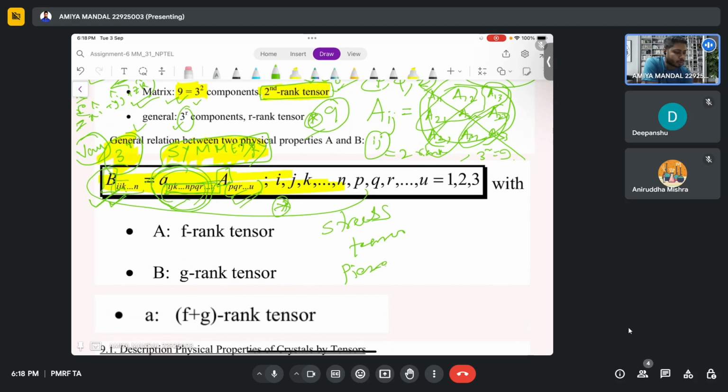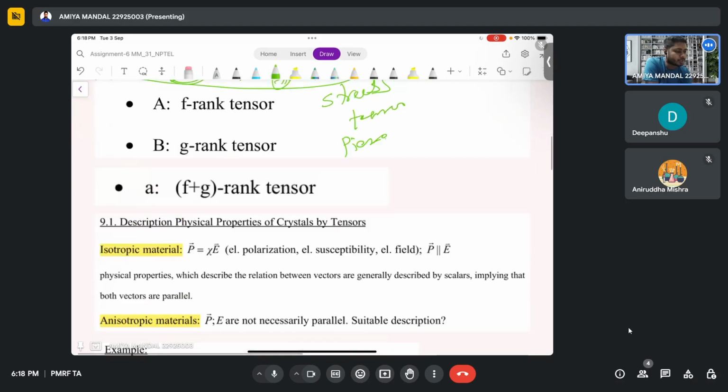Then here it will be half and there it will be half. From p q r up to n is considered here, and from p to u is also written here. If you see the example, then you will see.